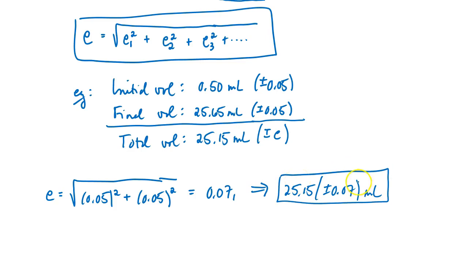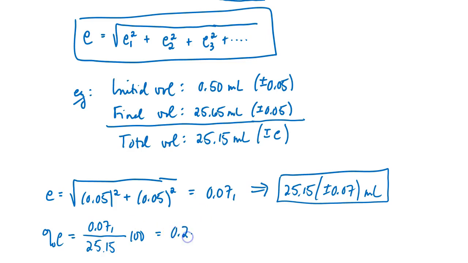But if we wanted to, we could also express this as percent relative error. Let's try it. The percent relative error would be, again, ask yourself, 0.07 is what percent of that total? So it'll be 0.071 over that total volume, and then multiplied by 100 to convert to a percent.